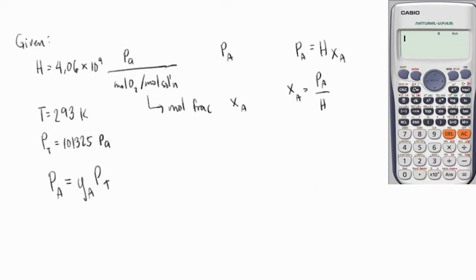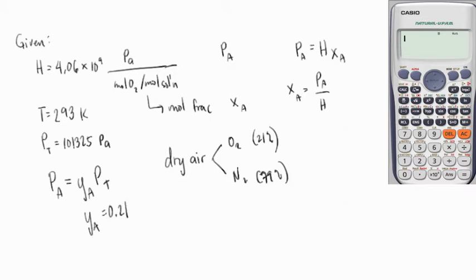And we all know that dry air can be approximated using two components, that is oxygen and nitrogen, wherein oxygen is 21 mole percent and nitrogen is 79 mole percent. Therefore, we know that Y sub A is equal to 0.21. Substituting this into our X sub A equation, we have Y sub A times the total pressure over the Henry's law constant.